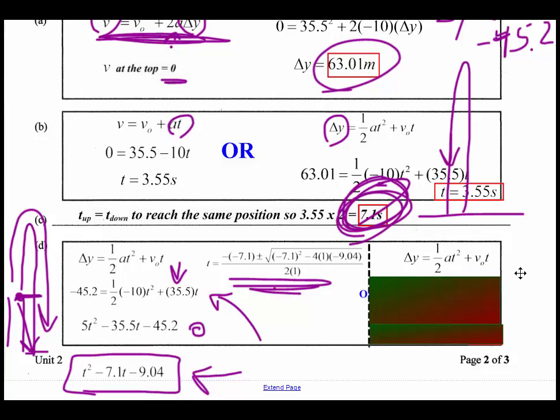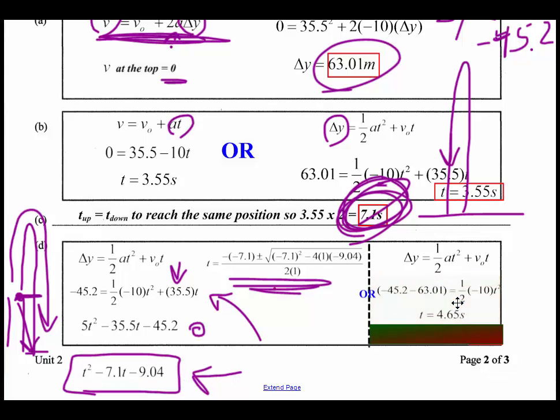Okay, the second option is, you could split it into parts and figure out what happens. You could say, okay, when it gets back down to the height that it started at, right here, we know it was going to fall 45.2 meters.